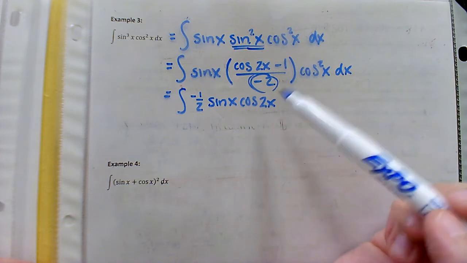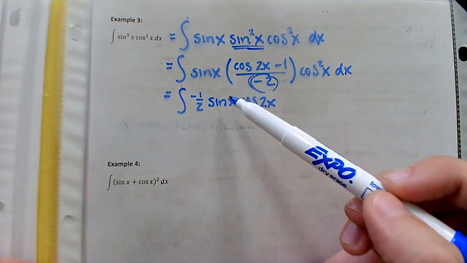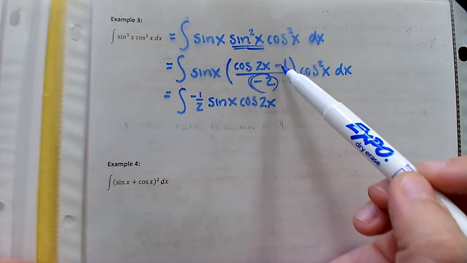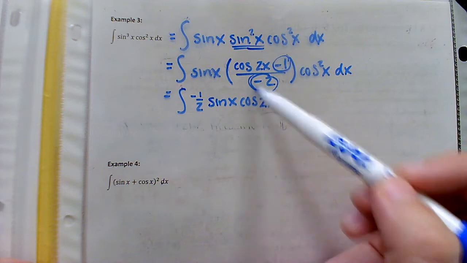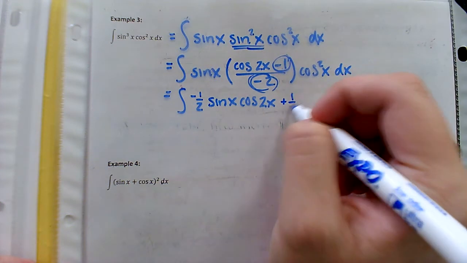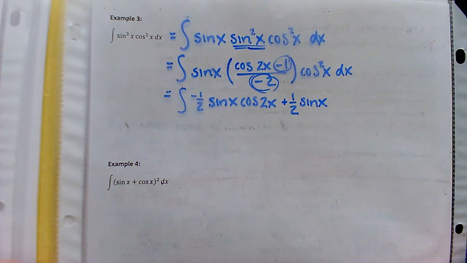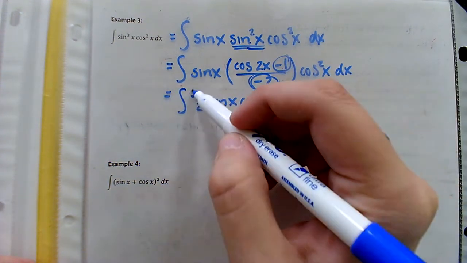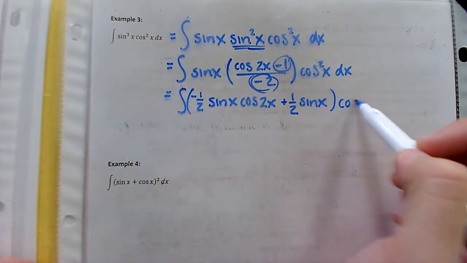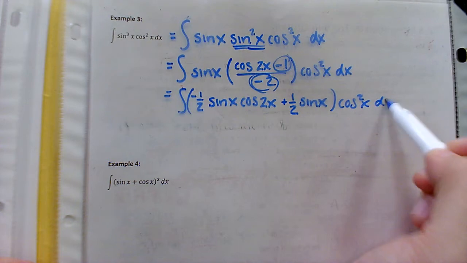And then, if we distributed that in here, we'll have a negative 1 divided by a negative 2, so it'd be a positive 1/2 sine of x. But that's still all multiplied by the cosine squared x on the end.